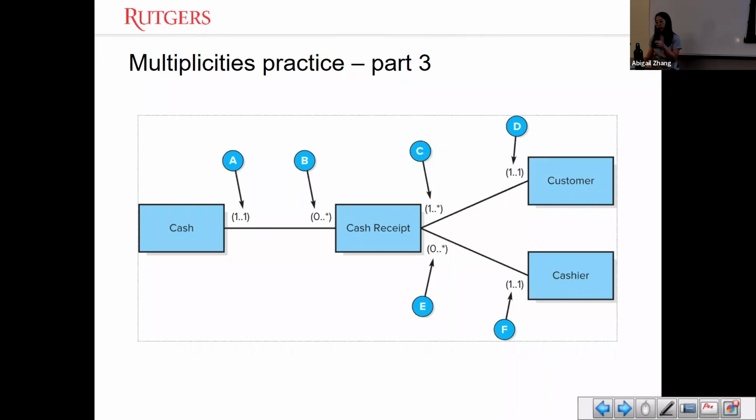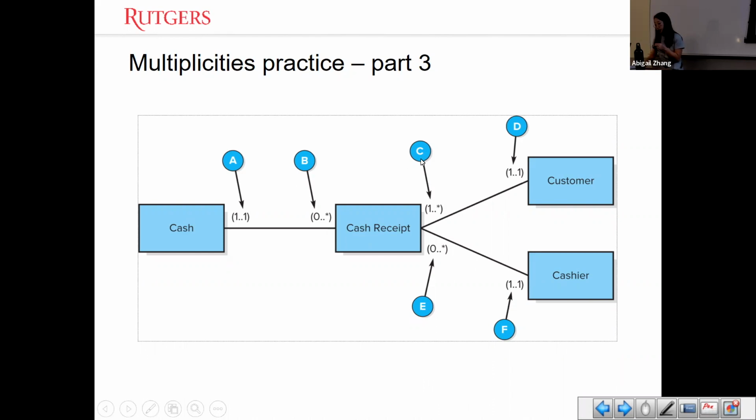Let's look at B. Each cash account is associated with 0 or multiple cash receipts. In plain English, this says that each cash account can receive multiple deposits, or it doesn't have to receive any cash receipt.